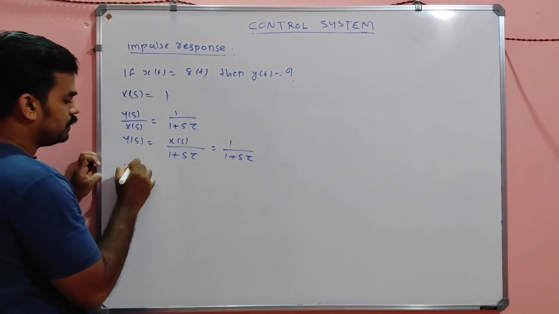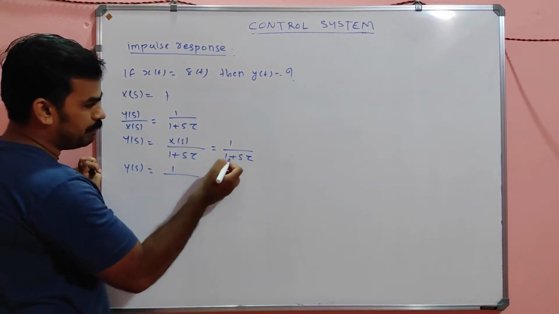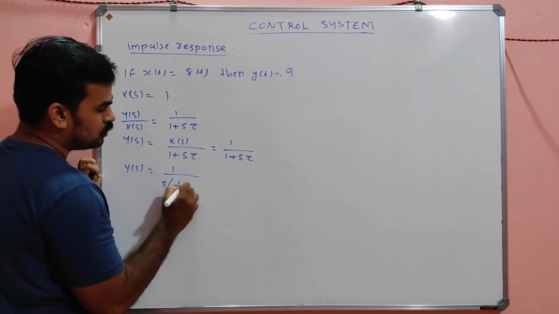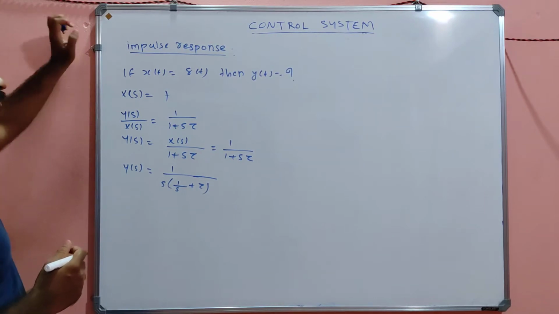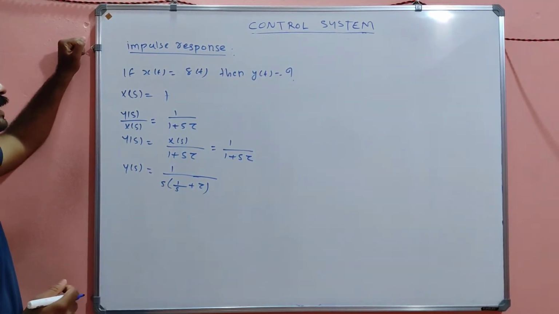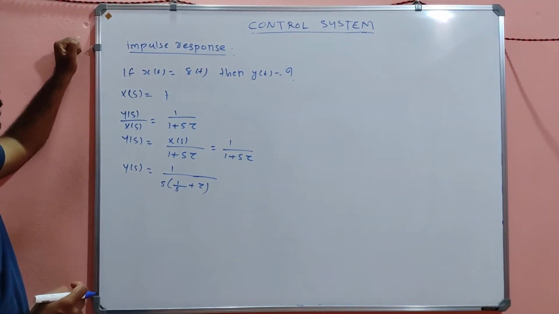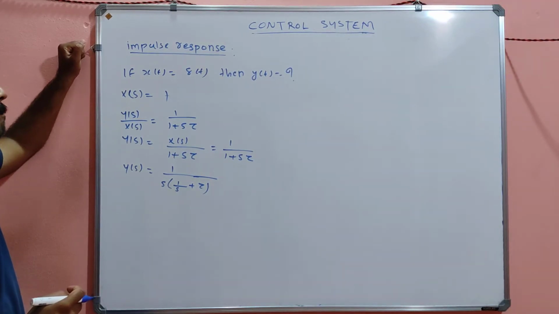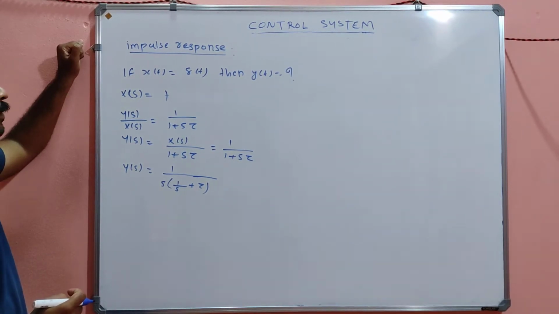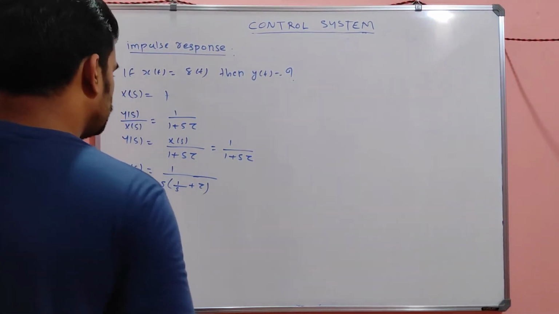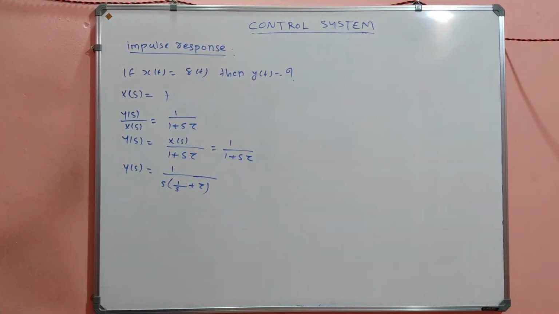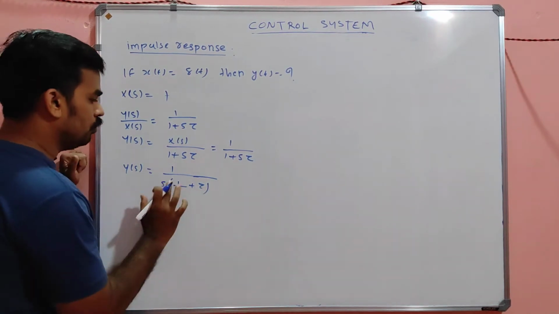Am I correct? So y of s will be equal to 1 divided by, taking τ common, 1 by τ plus s.